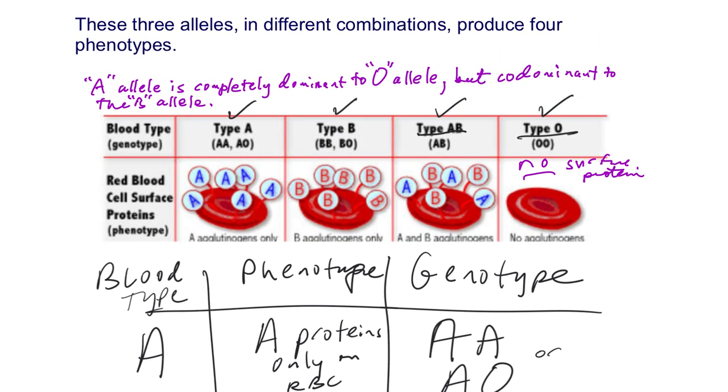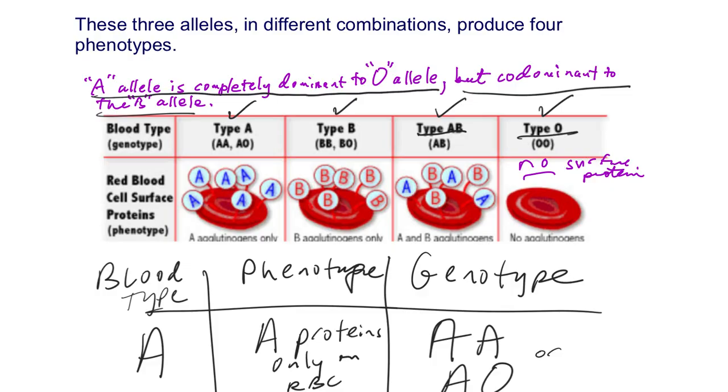So going back to this, the A allele is completely dominant to the O allele, but codominant to the B allele. And I could say the same thing: the B allele is completely dominant to the O allele, but it's codominant with the A allele. You might be asking yourself, like I did, well, how about the flowers, the red rose and the white rose?